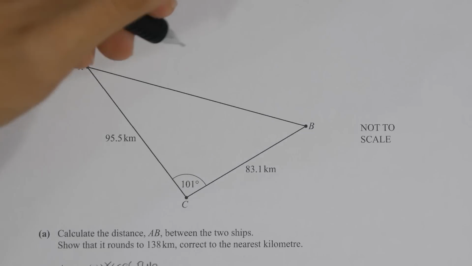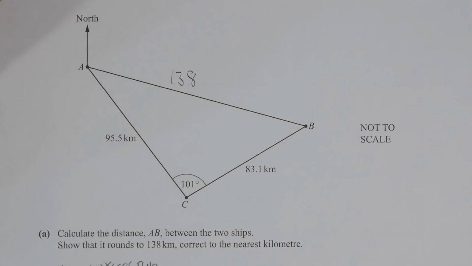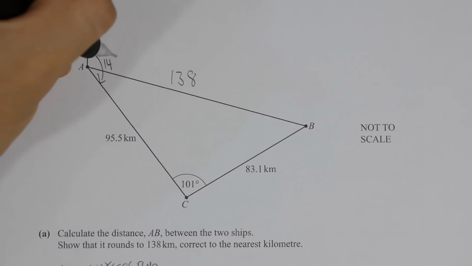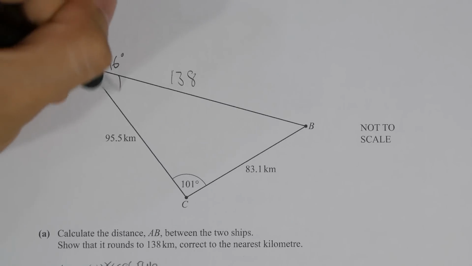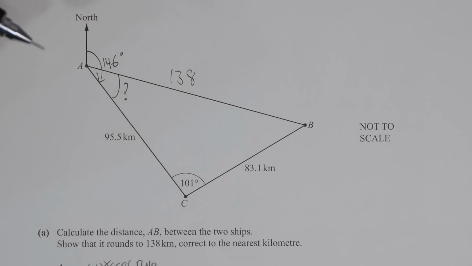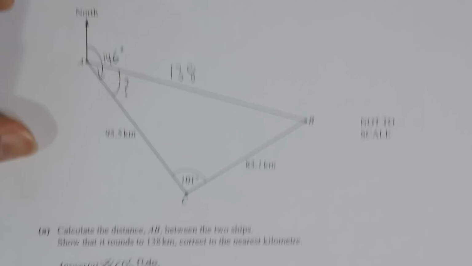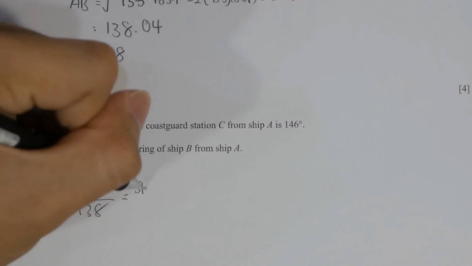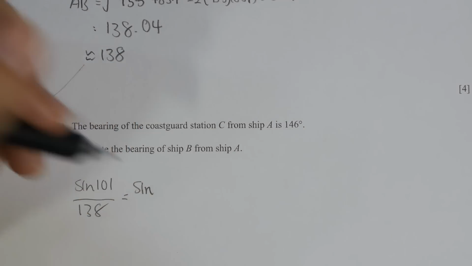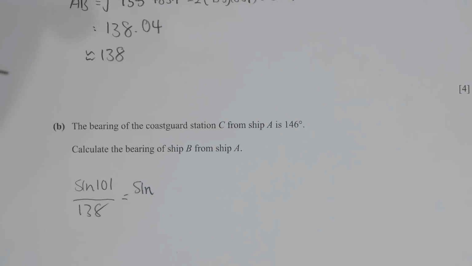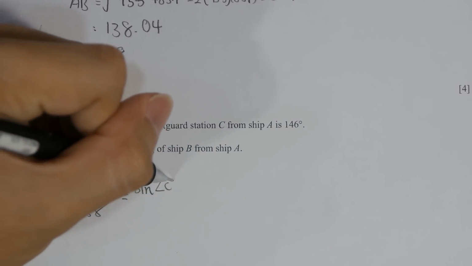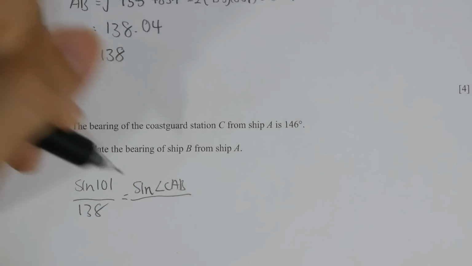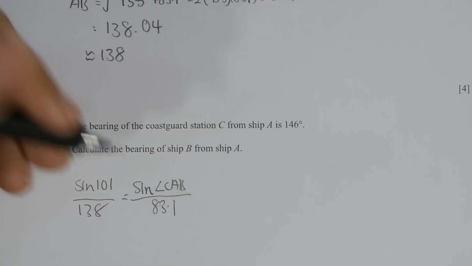For part B, the bearing of the Coast Guard Station C from ship A is 146. Then we utilize the sine rule to identify BAC. By running the calculation, you'll be able to get angle CAB as 36.24.